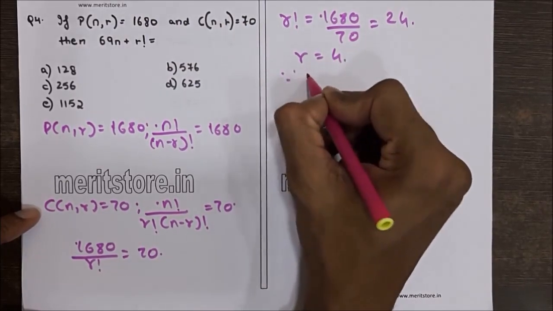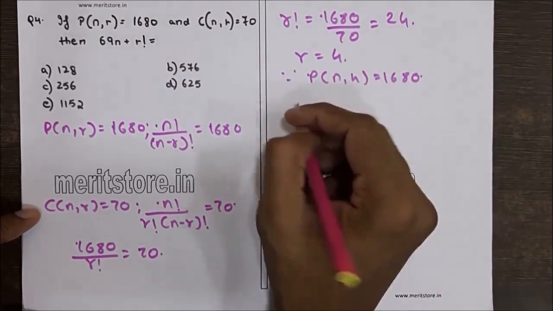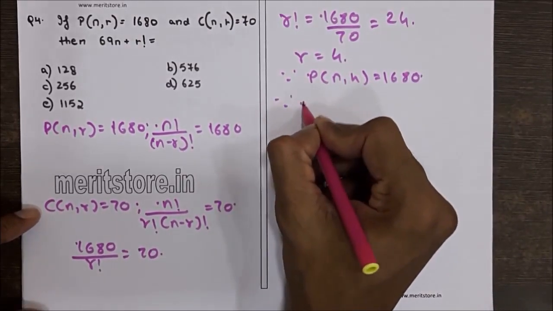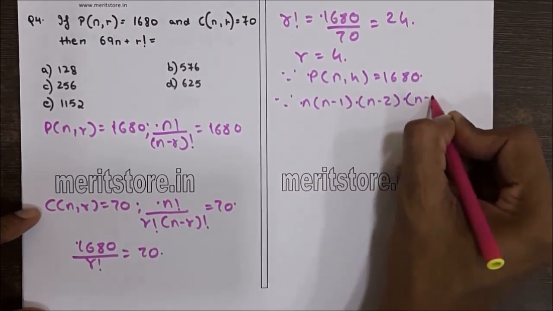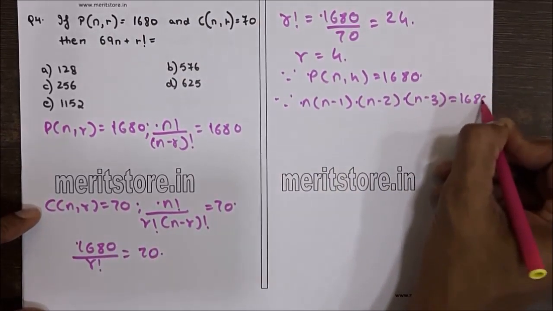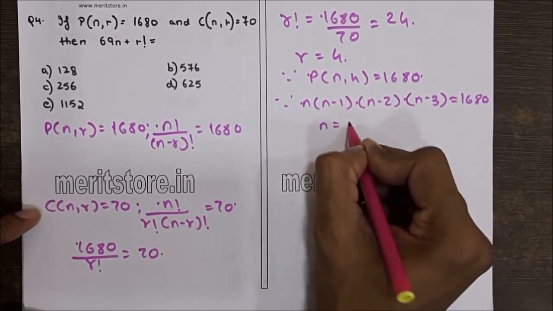Therefore, since we now have P(n, 4) is equal to 1680, this can be written as n(n minus 1)(n minus 2)(n minus 3), which is equal to 1680. So further solving this, we get n is equal to 8.